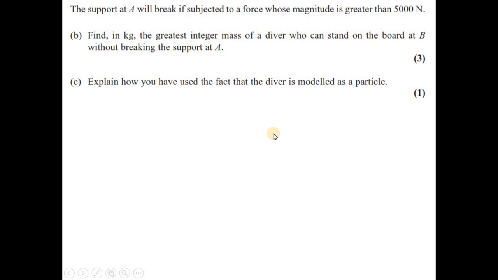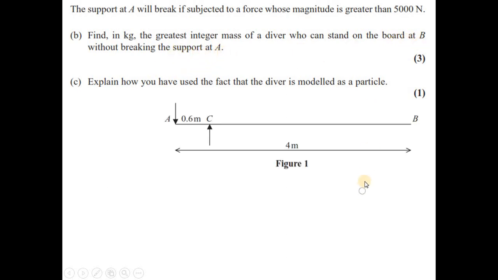The support at A will break if subjected to a force whose magnitude is greater than 5000 Newton. Find in kg the greatest integer mass of a diver who can stand on the board at B without breaking the support. If you see the diagram, they are saying the maximum force that A can bear before breaking is 5000 Newton.